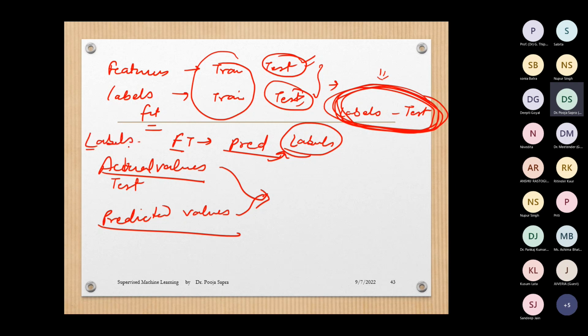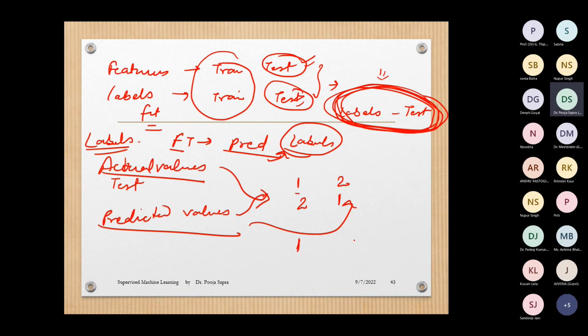Now, when I am predicting these values, it may happen that actual value said that heart disease is there, the person is a heart patient, but predicted value said no, it is not. It may also happen actual value was the person is not, but predicted value was yes.